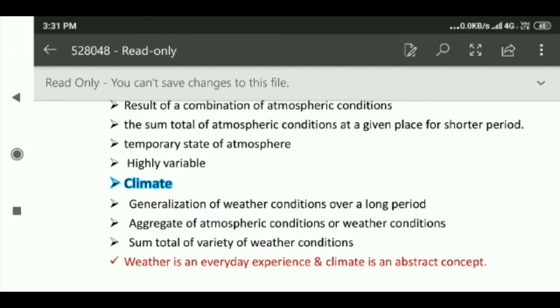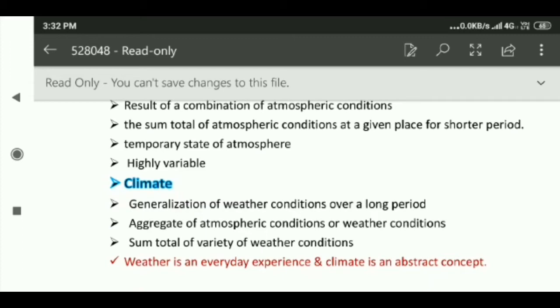The World Meteorological Organization has suggested a standard period of 31 years for calculating climatic averages of different weather elements. Hence, climate is the average inference of weather conditions over a long period of time.